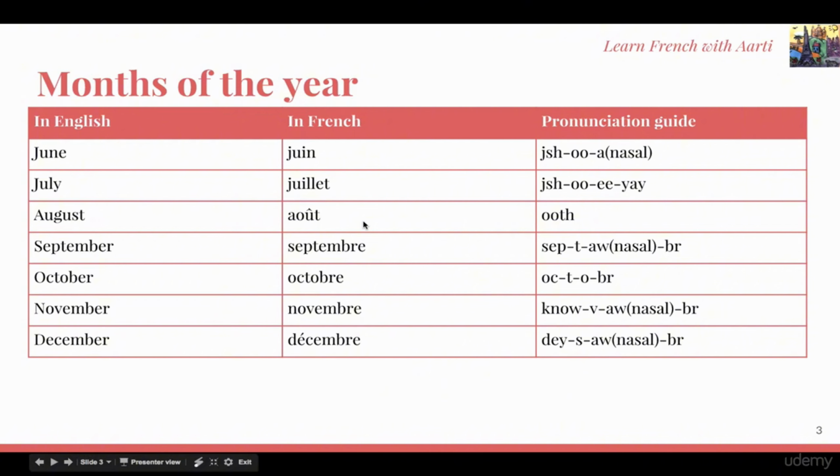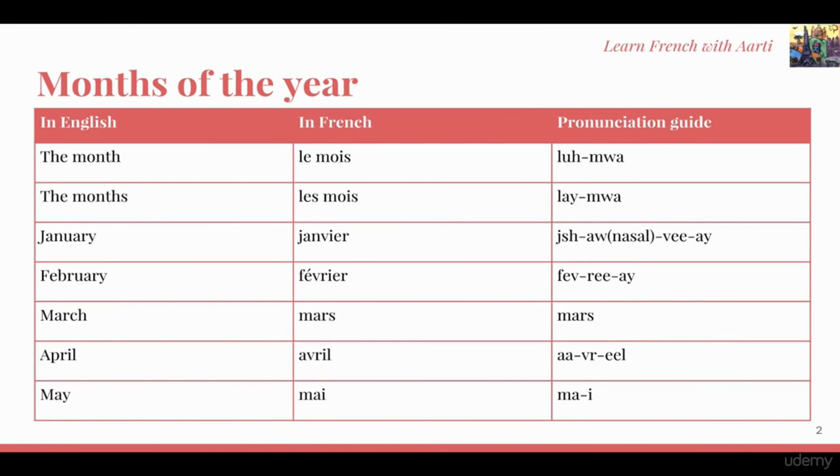August, août. September, septembre. October, octobre. November, novembre. December, décembre. Now let's look at the pronunciation of the months more closely.